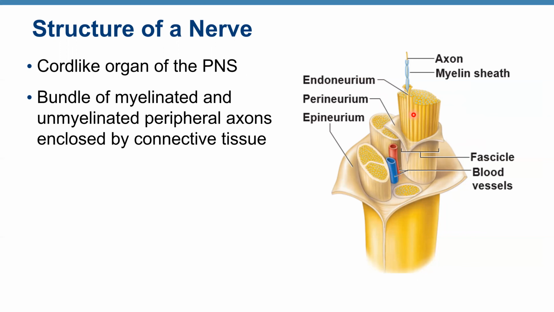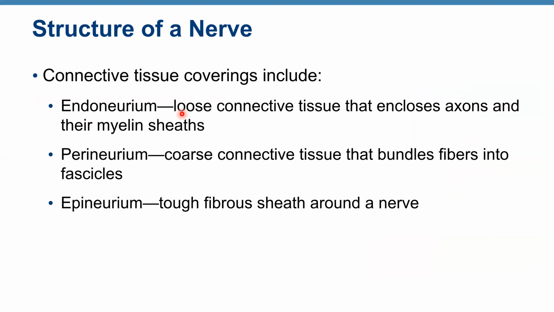Then these axons make fascicles, and fascicles are surrounded by perineurium, and then several fascicles and blood vessels are enclosed by epineurium, and that makes a structure of a nerve. So endoneurium is loose connective tissue that encloses axons and their myelin sheath. Perineurium is coarse connective tissue that bundles fibers into fascicles, and epineurium is tough fibrous sheath around a nerve.